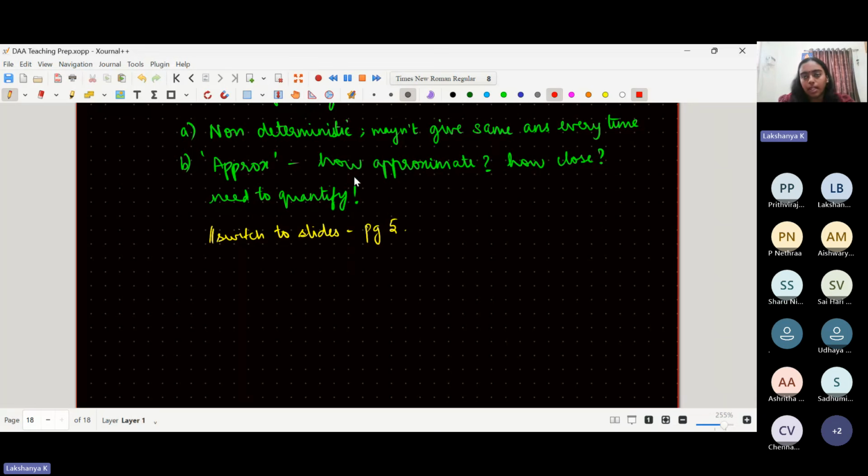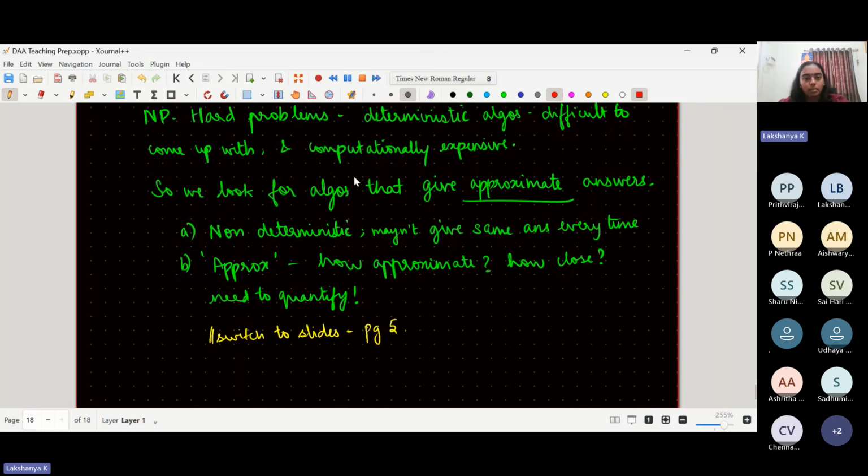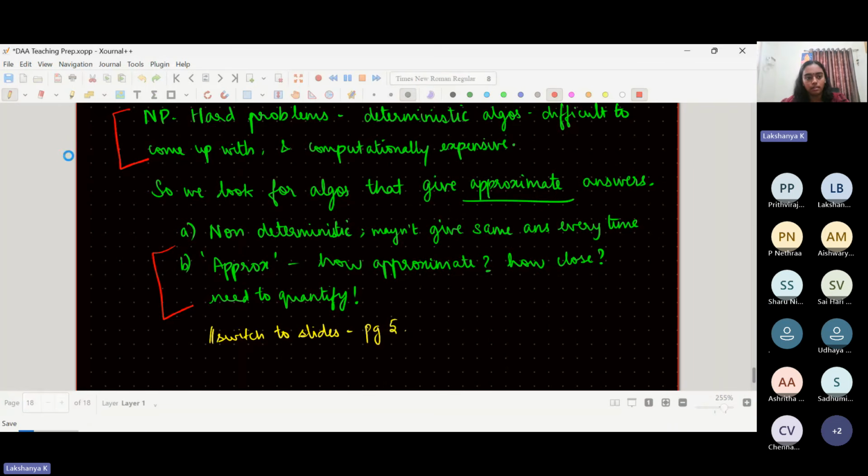What is the plus or minus error range? You have to quantify it in some way. The reason for coming up with approximate algorithms is that deterministic algorithms for NP-hard problems are costly. And when you come up with an approximate algorithm, you need to quantify the level of approximation you're doing. Clear so far?